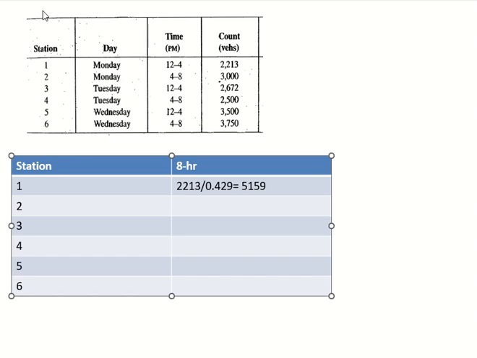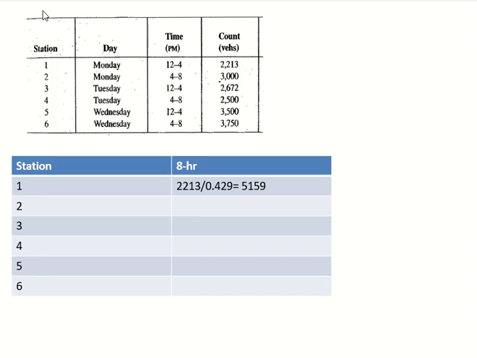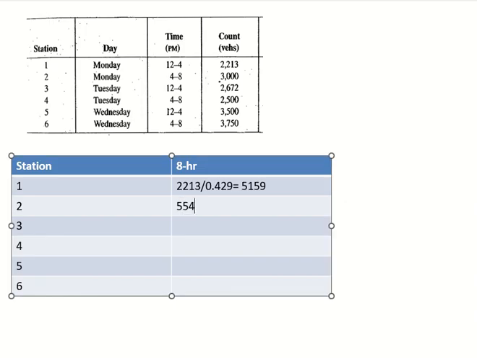Okay, next one. 3,428. Factor is 0.571. Okay, next one.